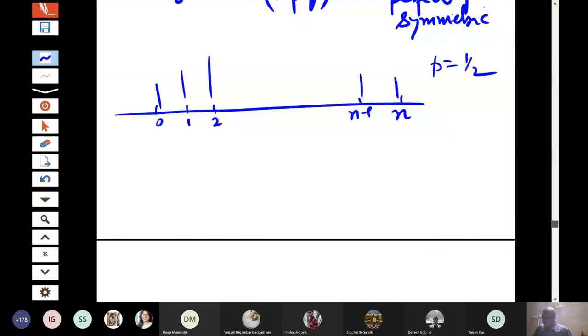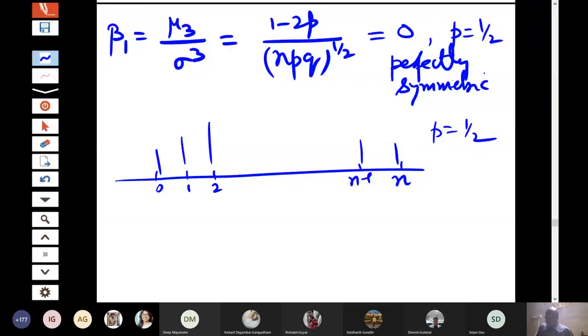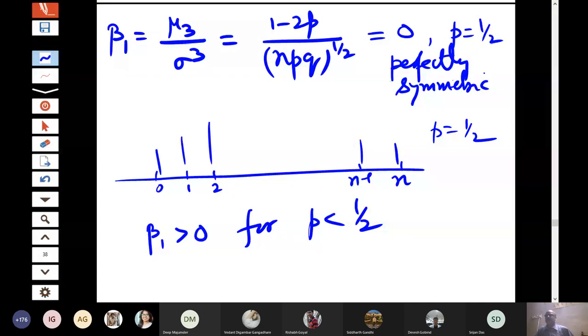Now you consider p less than half. If you have p less than half, then this is positive. So beta 1 is positive for p less than half. What do you mean by p less than half? If you look at the term nCk, p to the power k, q to the power n minus k, in the beginning the powers of q are more.